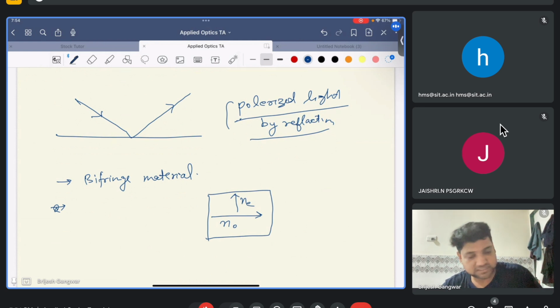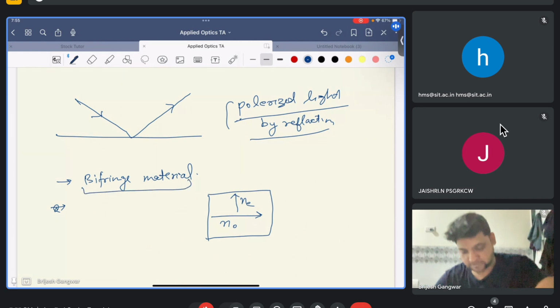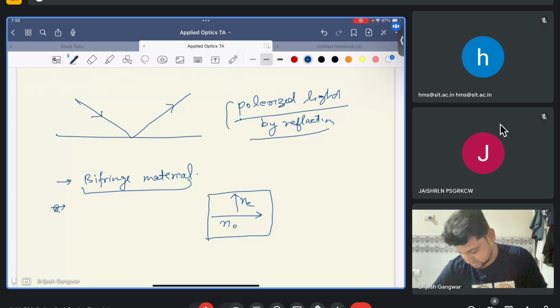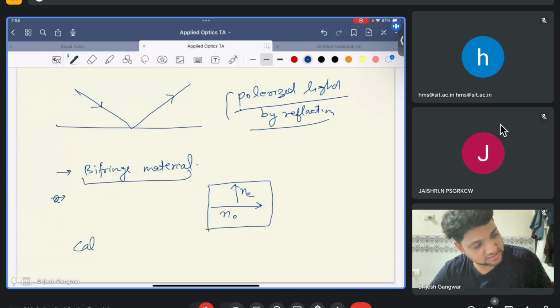So in whichever direction it is slower, these crystals can pass only a particular direction of vibration. Okay, so using this birefringent material we can make a polarizer. Birefringent crystals will come in this part, and you have seen the calcite crystal. Have you heard about this?